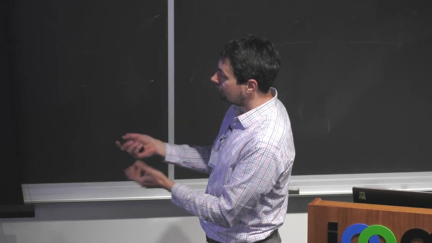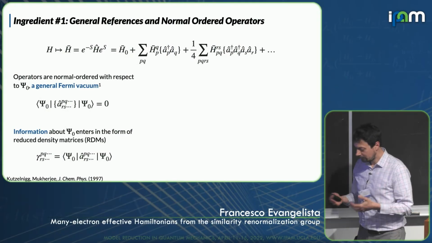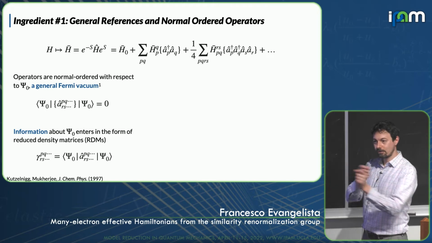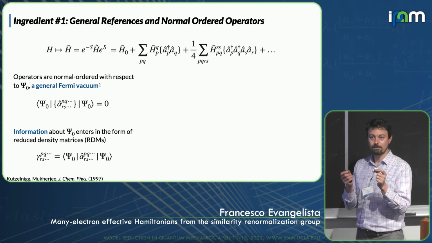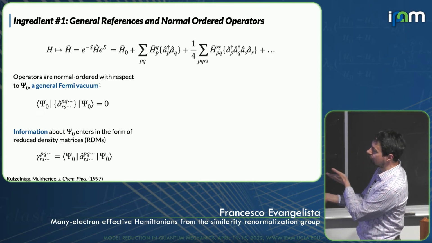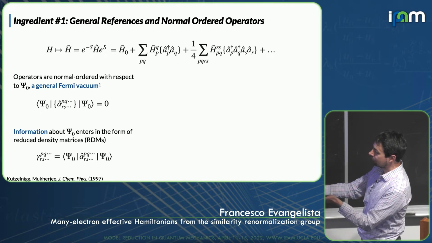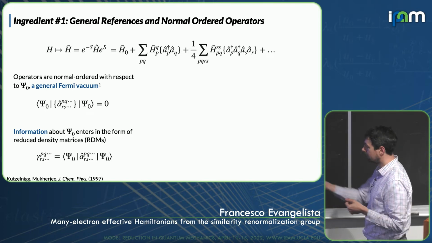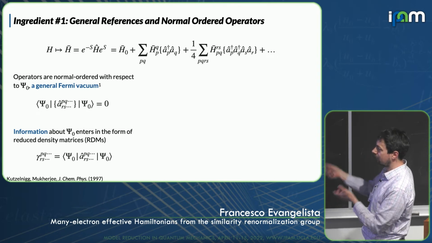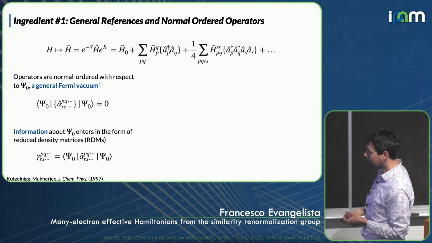What Mukherjee and Kutzelnigg did is define a way to express normal-ordered operators, not as a proper ordering of operators, but by defining a normal-ordered operator in such a way that its expectation value is equal to 0, no matter what the reference state is. Here the state could be, say, a single determinant, or, like in my case, a general correlated state. It's a very flexible formalism.